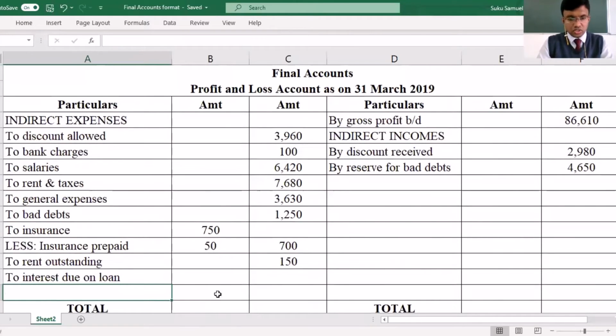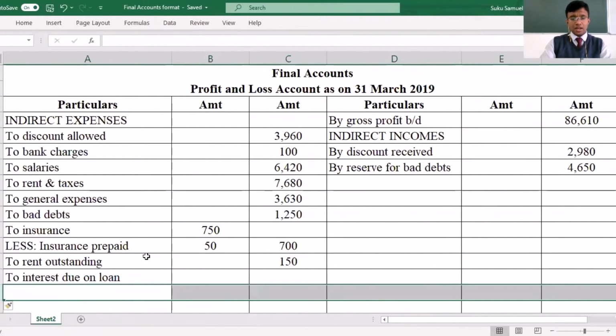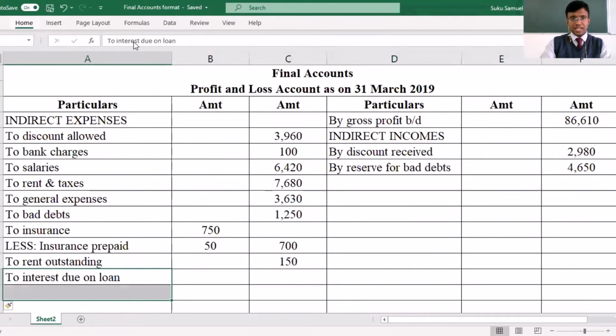The interest due on loan is given to be 6%. But now the question is, 6% of what? 6% of your principal amount. So 6% of which amount? It should be 6% of 15,000.